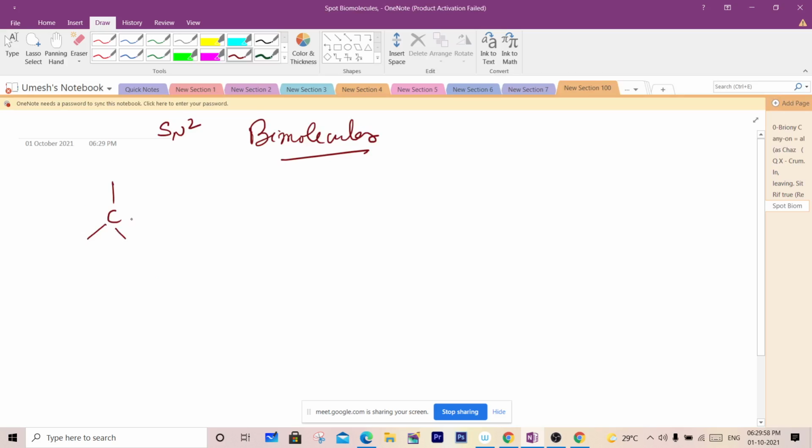Here I choose a primary haloalkane. If I remove the chlorine, it will give a methyl carbocation. Is it stable or not? No, it is the least stable, very low stability.